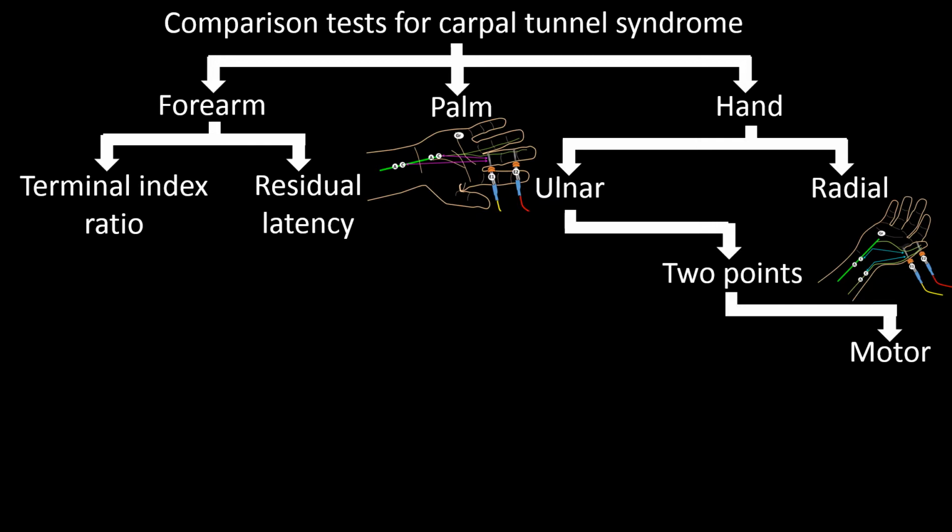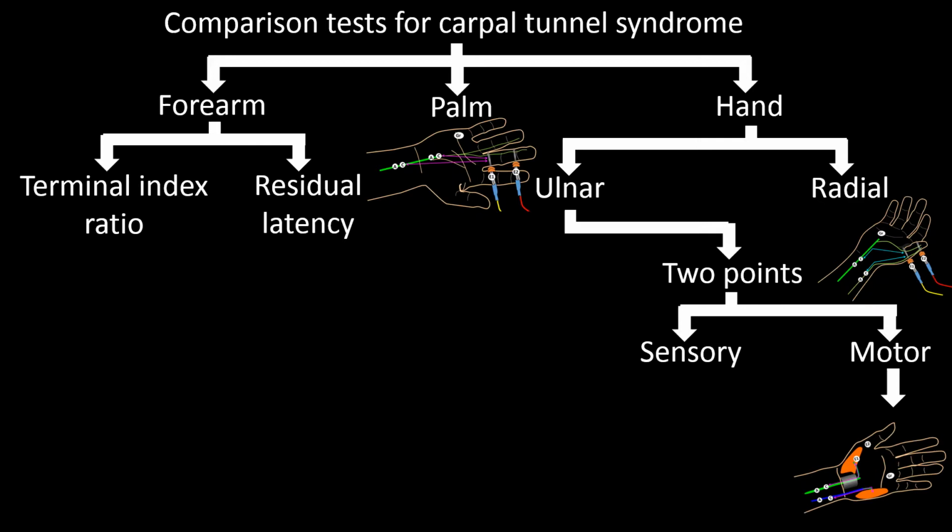This can be done for motor conduction by recording from the abductor pollicis brevis for the median nerve and from the hypothenar region for the ulnar nerve. Two-point testing can also be used to study sensory fibers.